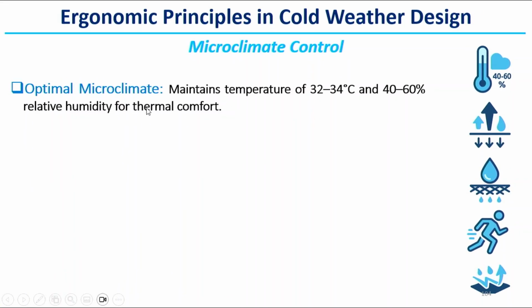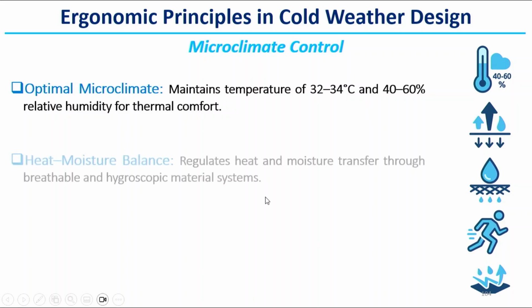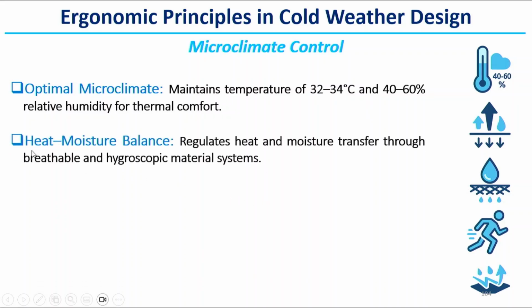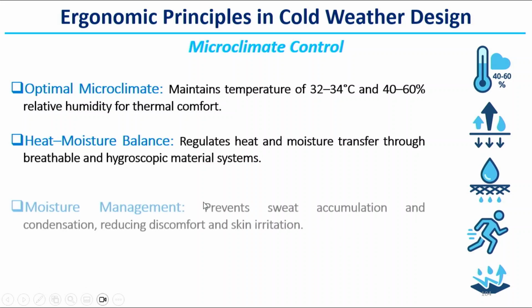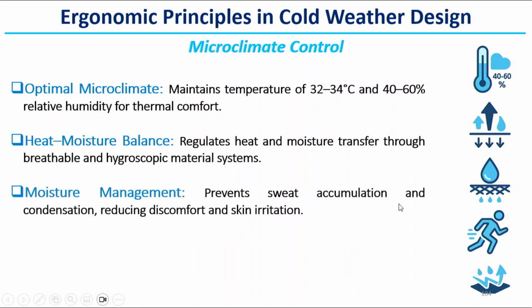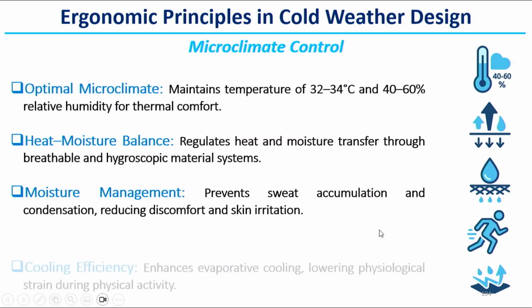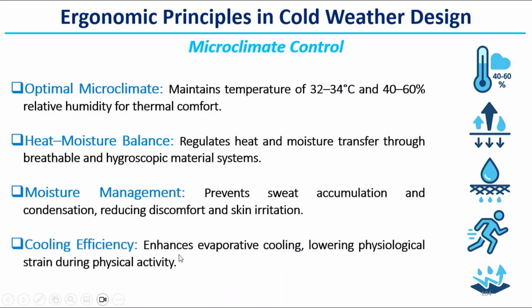The optimum microclimate is 32 to 34 degrees Celsius and 40 to 60% relative humidity. Heat and moisture balance should be regulated properly, and moisture management prevents sweat from accumulating, releases the moisture vapor, and prevents condensation. Cooling efficiency is enhanced through evaporative cooling, lowering the physical strain during physical activity.